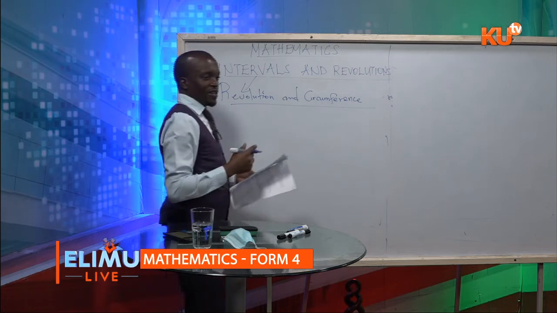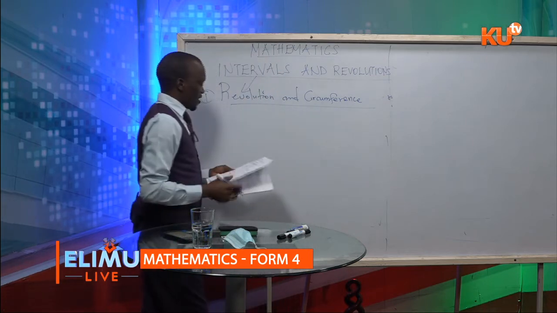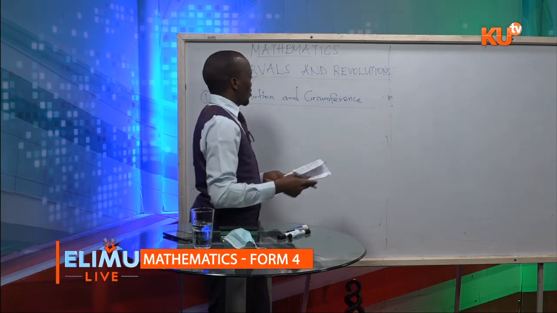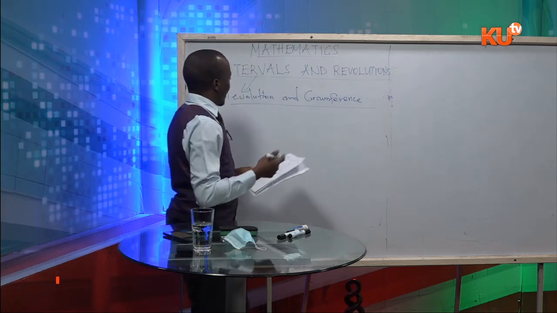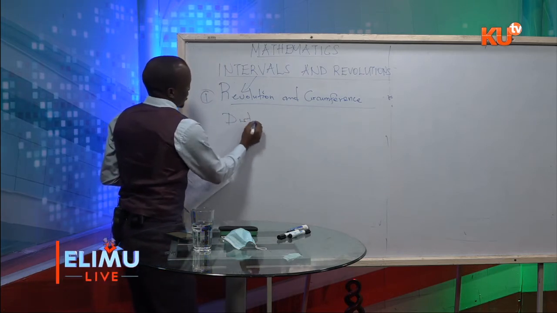These are also very simple but tricky questions that always challenge learners. They are given to work out the number of revolutions or distance or circumference. And I'll start by giving the formula.